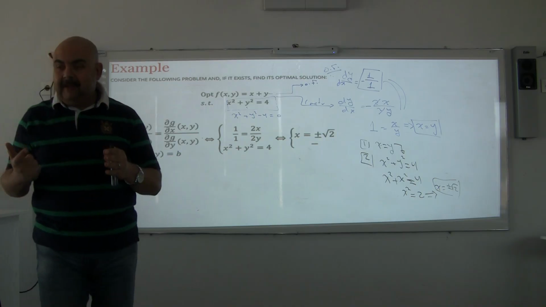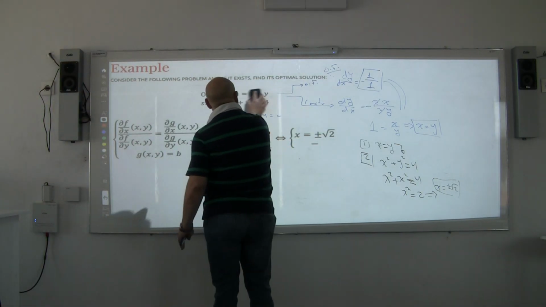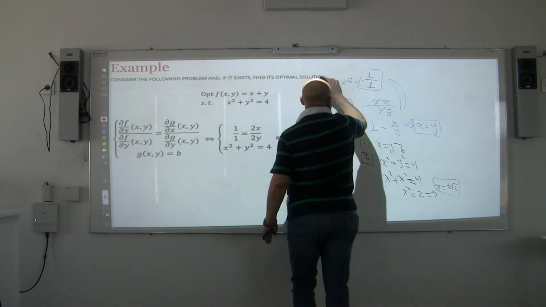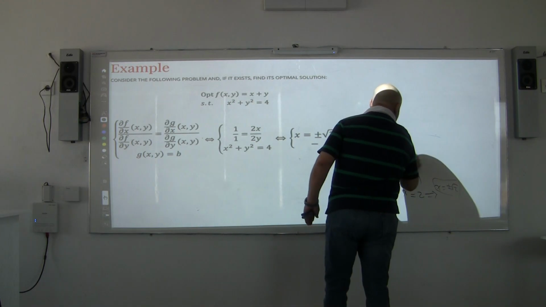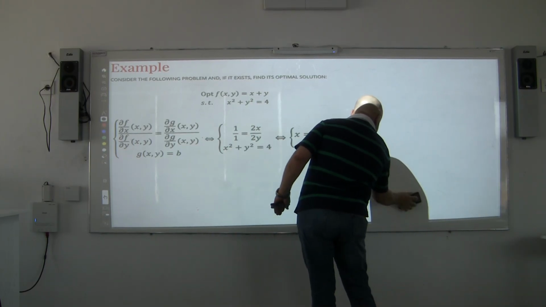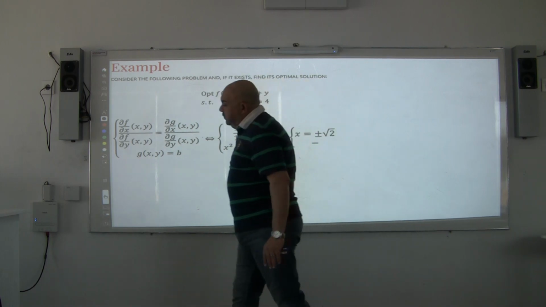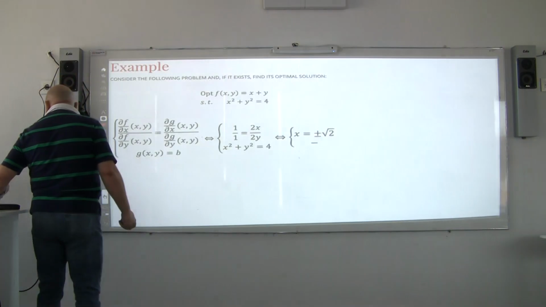You understand what I'm saying? This is simply the implicit function theorem. It's very good, and it can handle functions in two variables very easily, especially with one constraint. Okay, so this is one of the methods that we can use.